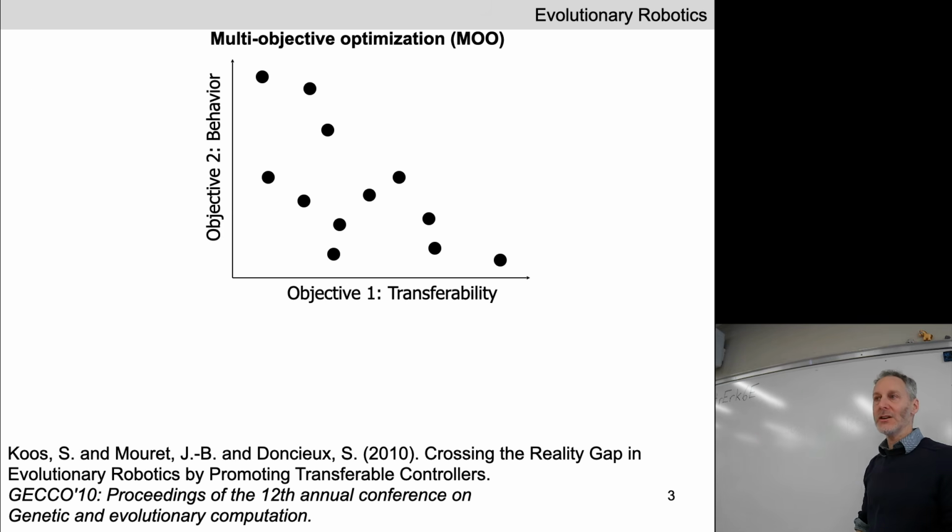Okay, how are they going to do that? They're going to use a particular kind of evolutionary algorithm that you might not have seen before. This is extremely popular. It's known as MOO, multi-objective optimization. We saw before in the biped experiment where they multiplied a bunch of fitness terms together.